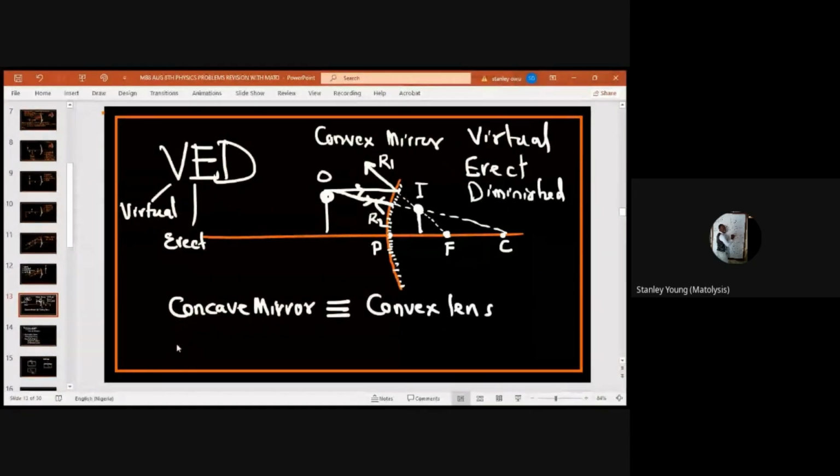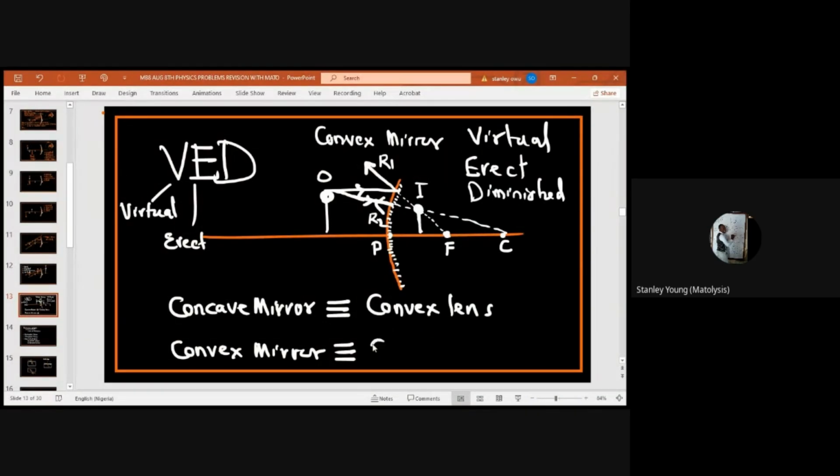Similarly, a what? A convex mirror has similar image characteristics to what? A concave lens. So please take note of that.